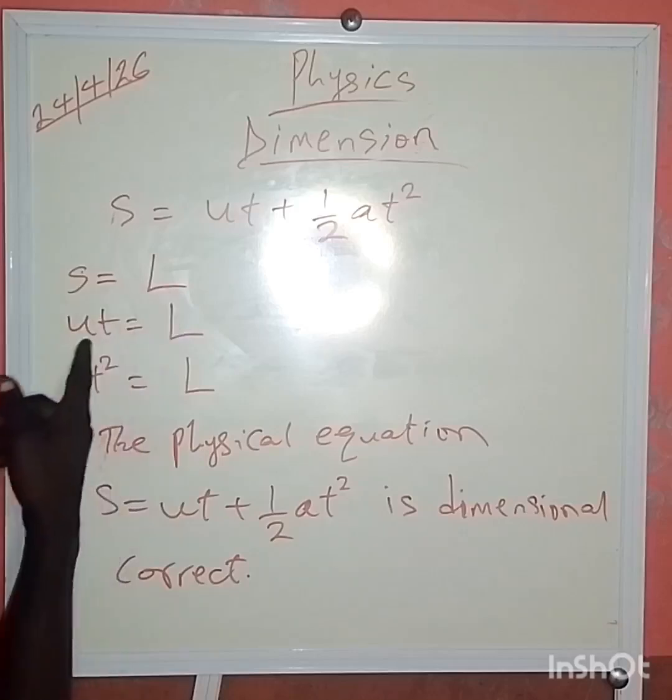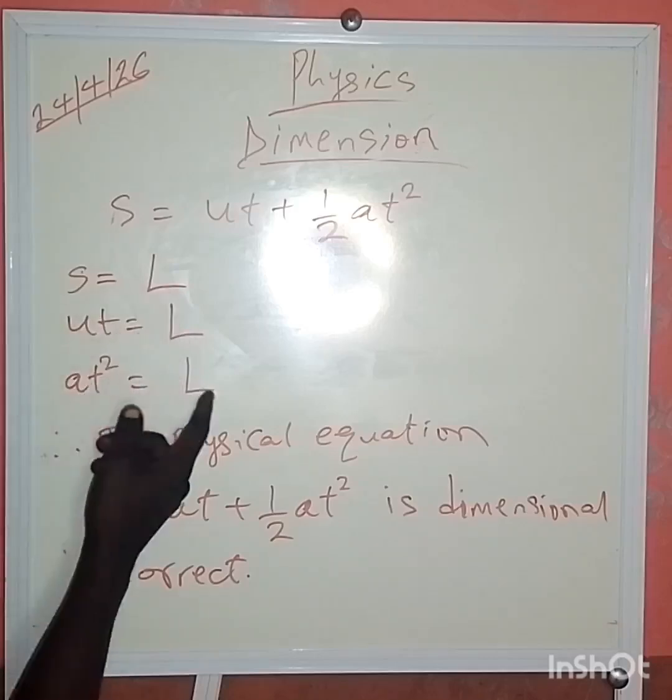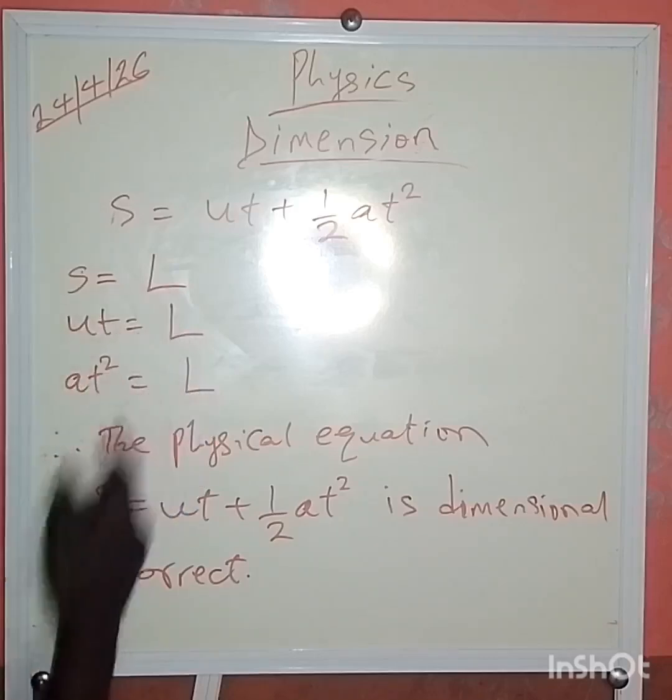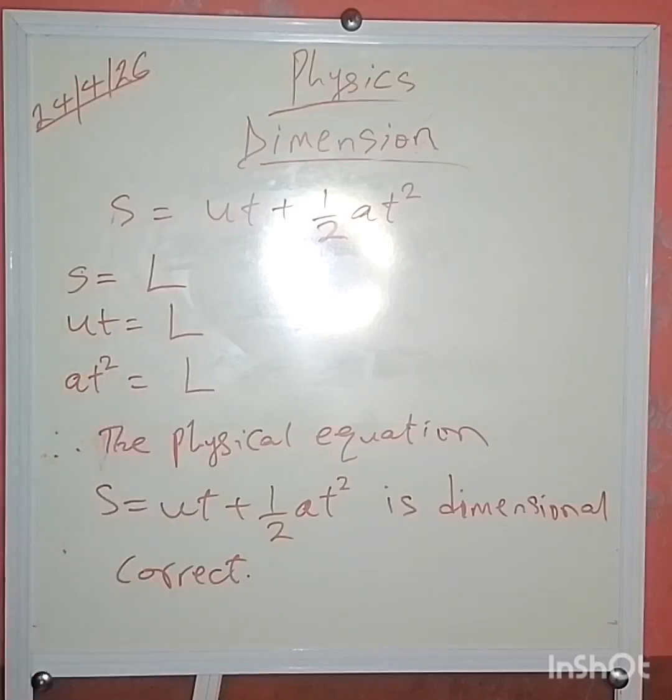S is equal to L, UT is equal to L, and AT squared is equal to L. So the equation is dimensionally correct.